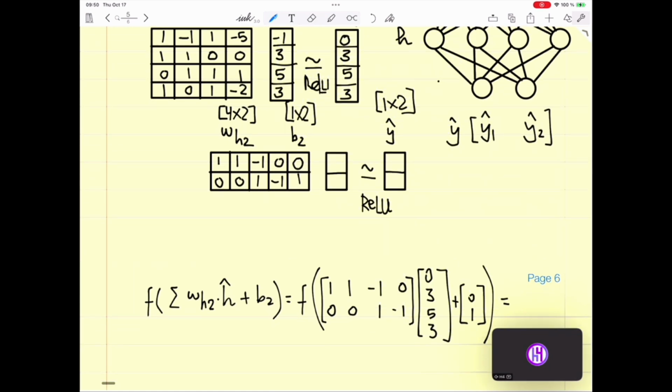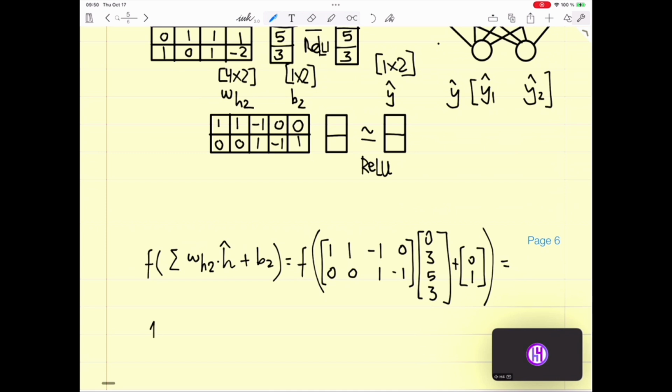And that's going to be like 1 times 0 plus 1 times 3 plus minus 1 times 5 plus 0 times 3 plus 0, which turns out to be minus 2.